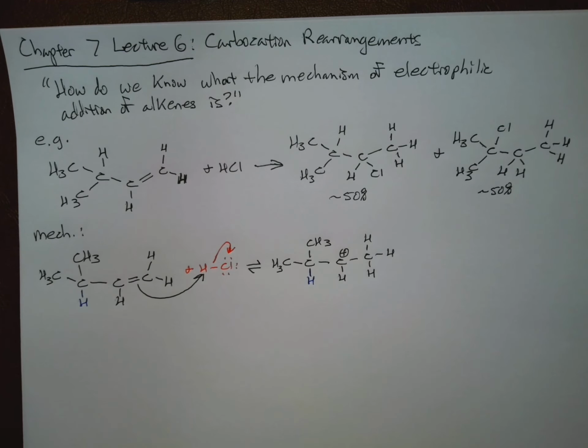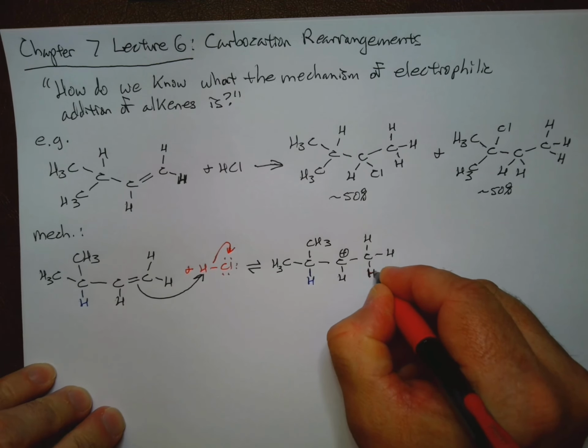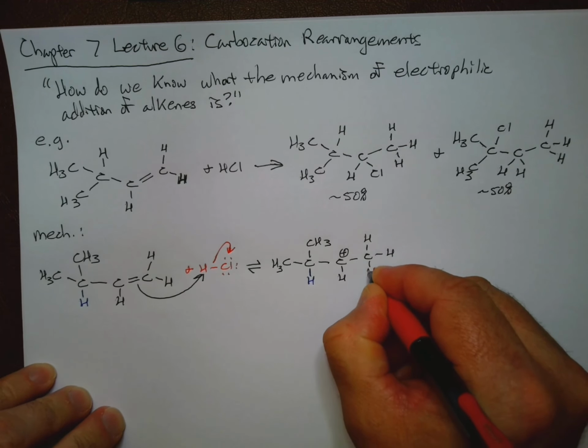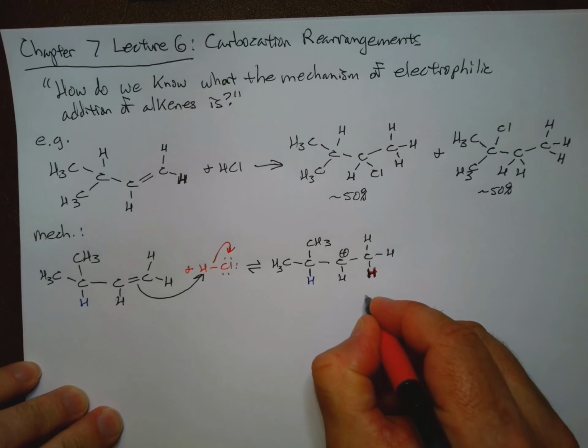Okay, and you know what? I just realized I should have added in my hydrogen. It should be in red there. I apologize. That's in red. And now I've got my Cl minus.